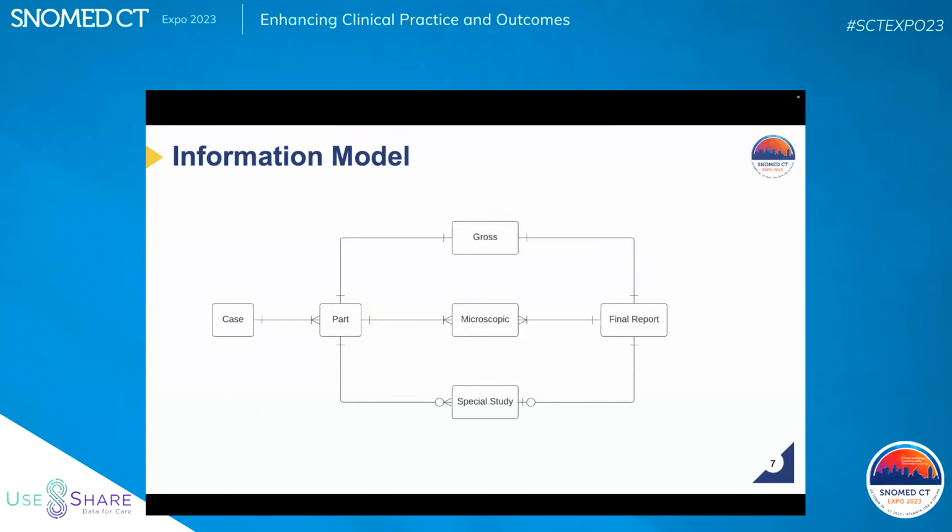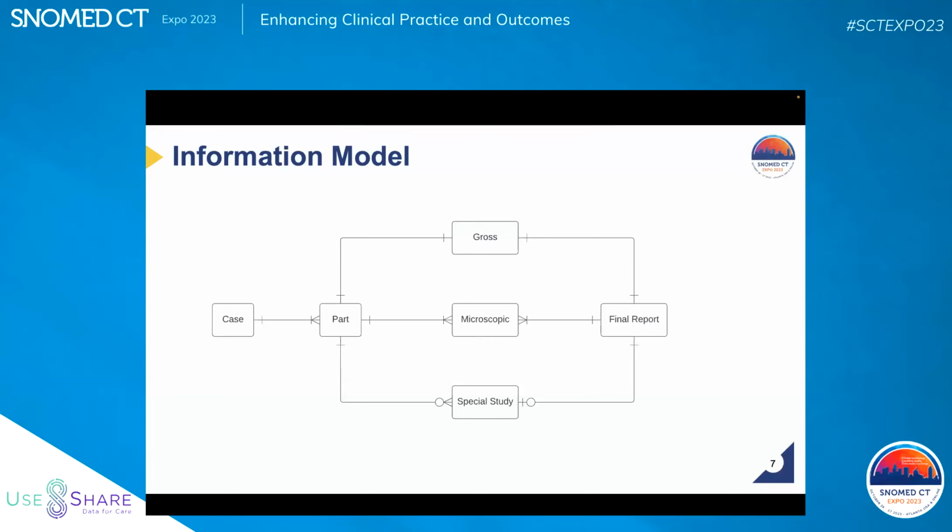Depending on where you're coming at it, here's an ER diagram of the process. A patient has a case, and the case can have one or many parts associated with it. Each part will have a gross description, right?